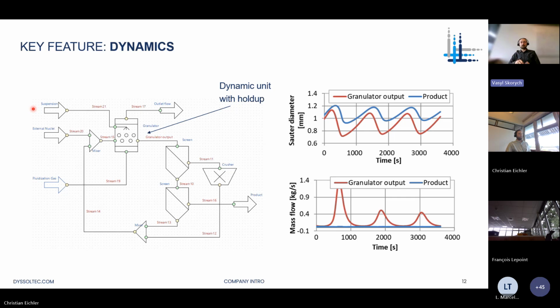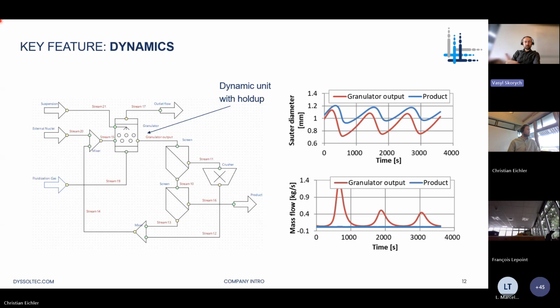This allows us to model a batch process, for example, where we have a device, plug some material into it, close the cap, turn it on and wait until the material changes there. This is what can be done with dynamic simulations in DYSSOL Pro, and it gives us a wide range of possibilities to deeply investigate the process.